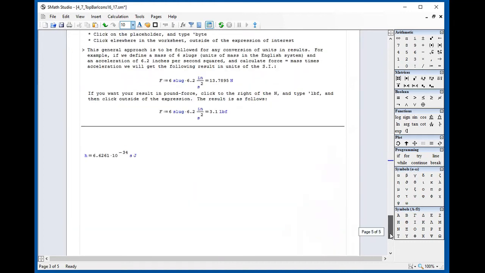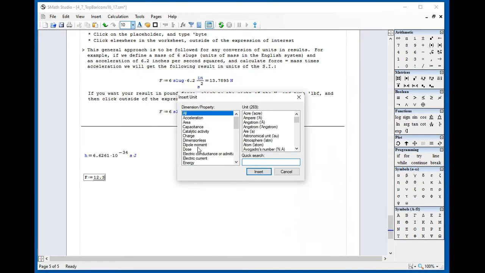The simplest way to introduce units is by using the units in the box. For example, a force. Let's say F equals 12.3, and then I go to my units, look for force, and let's say I use Newton.